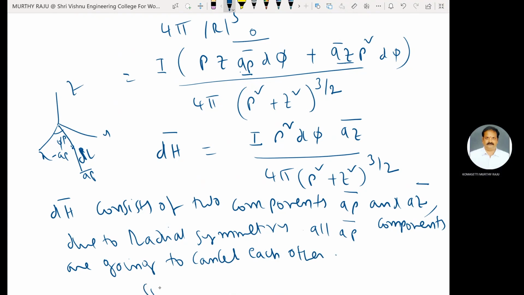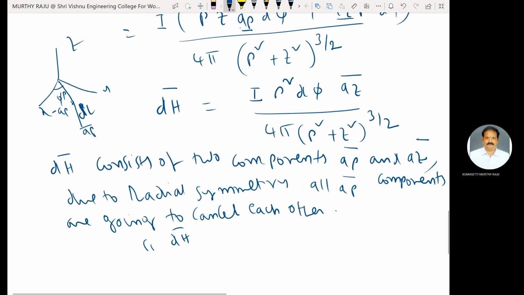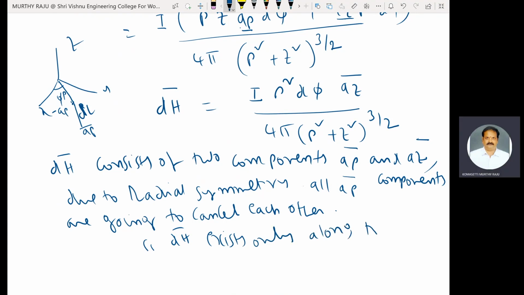So dH bar exists only along the axis, in the a z bar direction.